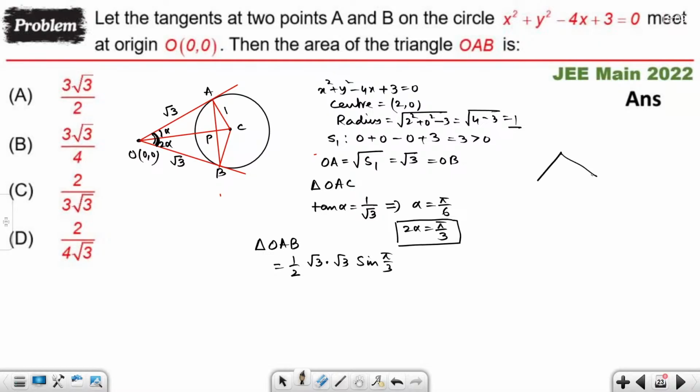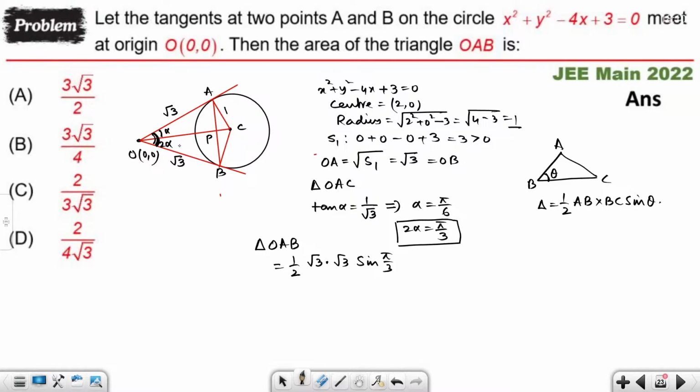From the properties of triangle, we know that for any triangle, if you know two sides, suppose if I know AB and BC, and the angle between these two sides is theta, then the area of the triangle is always half into the product of two sides into sine of the angle between them.